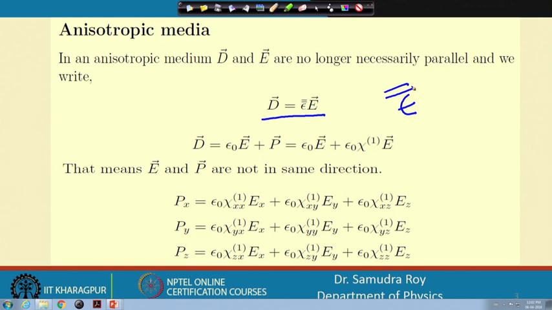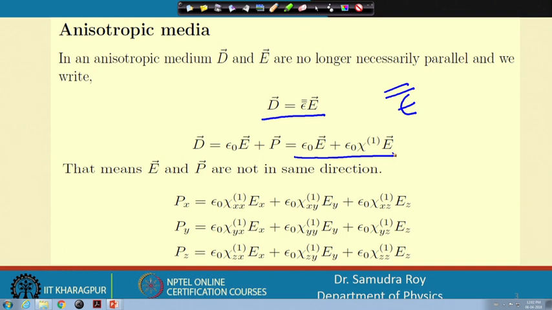Now, D is expanded in terms of polarization also, and in this equation we can see that D and E are not parallel because P and E are not parallel. That means the dipole moment generated due to the application of the electric field has a different direction from that of the electric field.